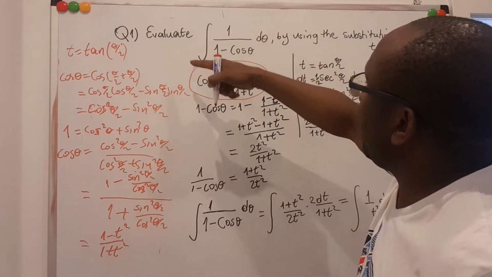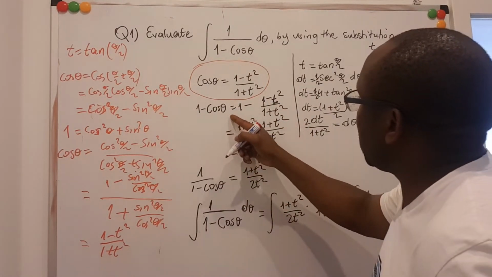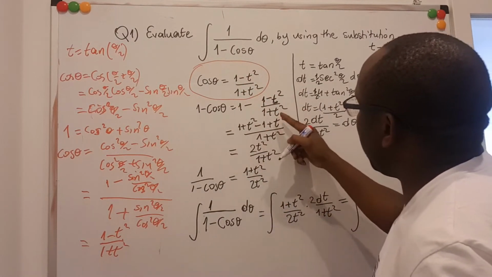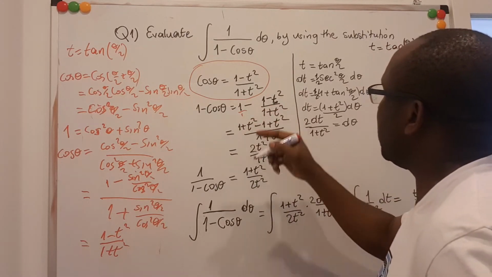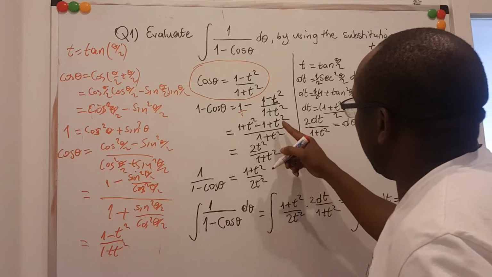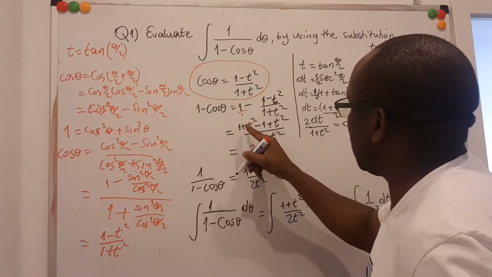But my integral has 1 minus cos theta, so it means 1 minus this. If I arrange this, the lowest common multiple is just 1 plus t squared. 1 plus t squared divided by 1 is 1 plus t squared, times 1.